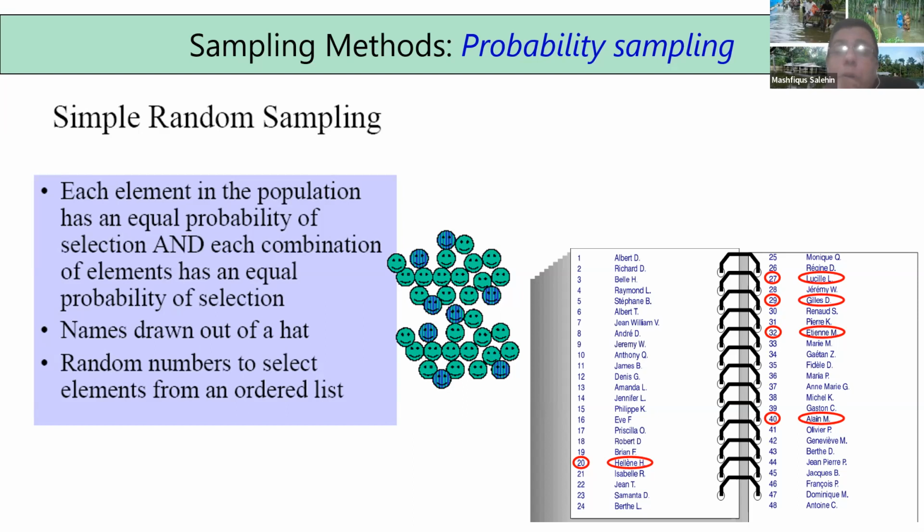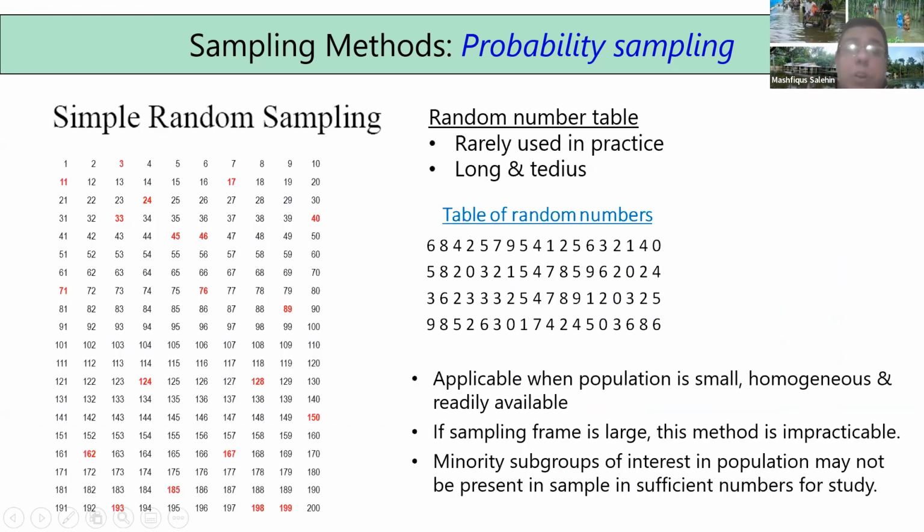Another way would be to have, for example, a directory with a list of all your sampling elements in your population. And then how do you do it? I don't know whether you're familiar with random data generation. You can use the random number table, for example, a table like this, and using this you can select, like you can start from the first, and then you can select the sixth element, then the eighth element from the sixth, and so on.